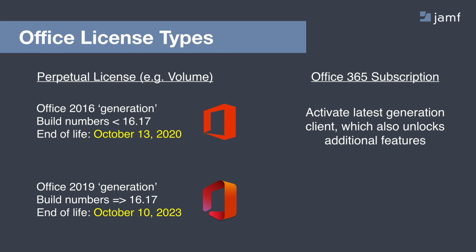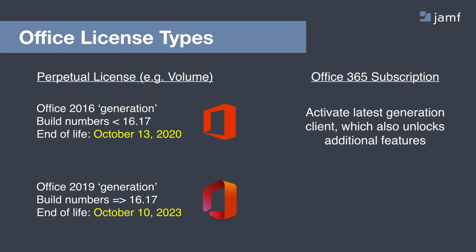All those perpetual licenses are tied to a generation of the product. The latest generation is 2019, but some of you may still have the older 2016 generation deployed. The way that you can tell the difference between the generations is through the build number.